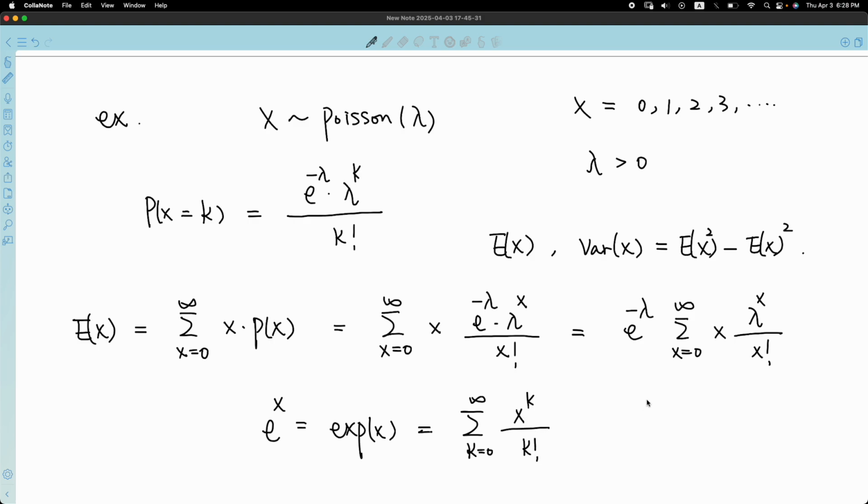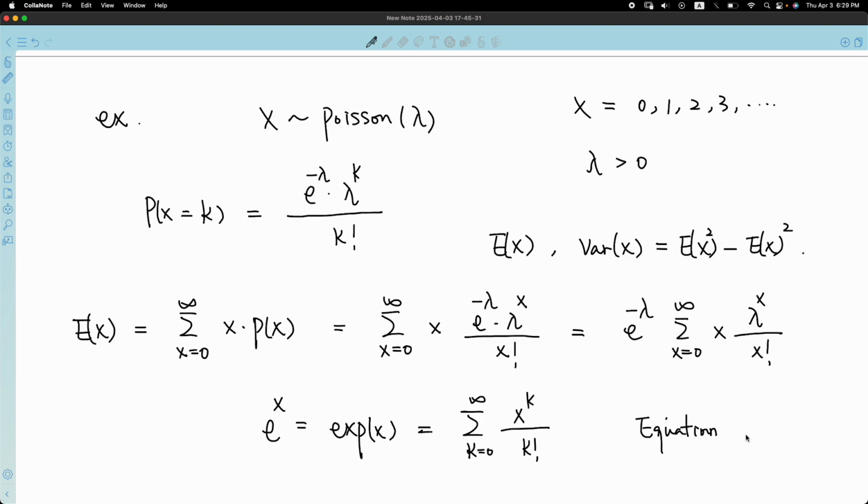This is just an equation that we're going to use. That is also another way of applying what you were saying, the Taylor series expansion.